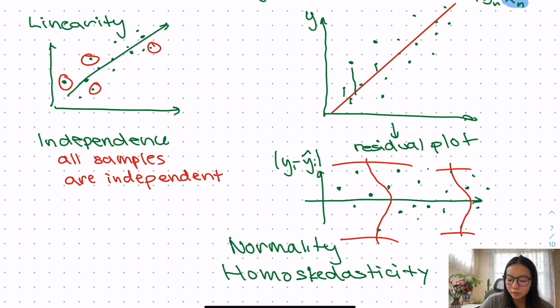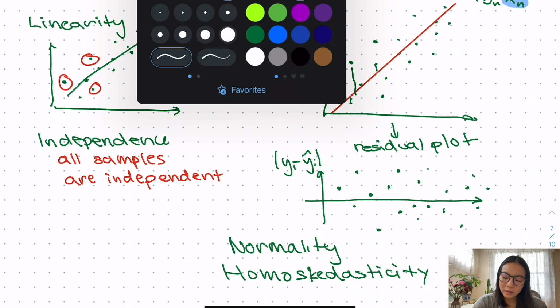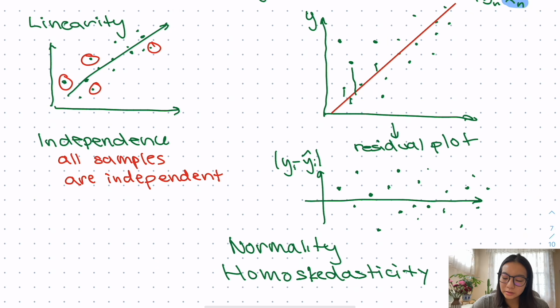Now, what's an example of where homoscedasticity does not hold? Well, let's say that our original plot actually looks something like this. Now if we looked at the residuals for that, it might look something like that.